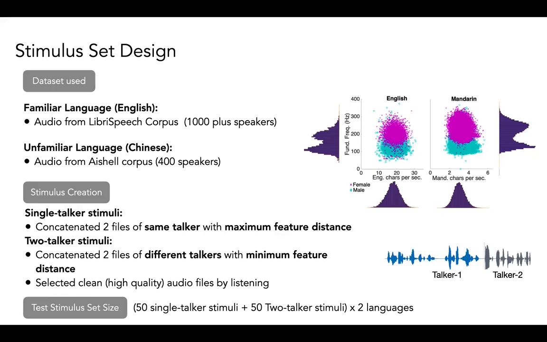This is to reduce any channel noise or any ambient environment noise in the audio files. The stimulus set size is 50 single talker stimuli and 52 two talker stimuli for each of the two languages.